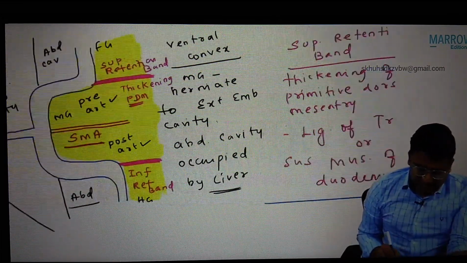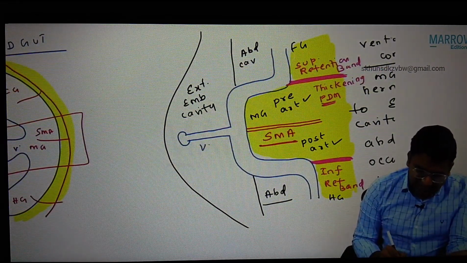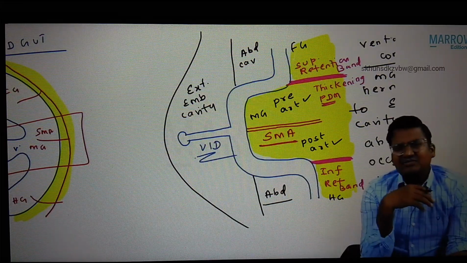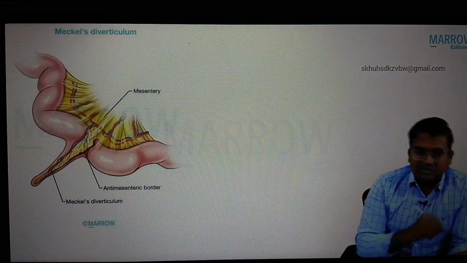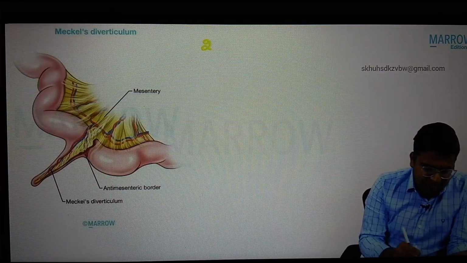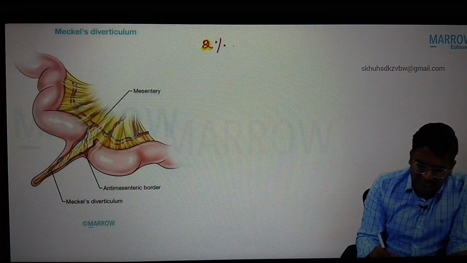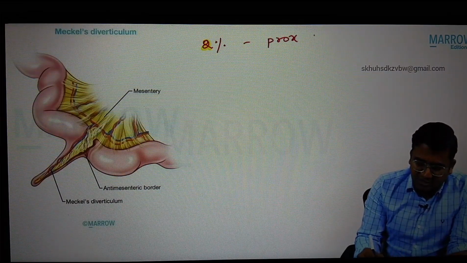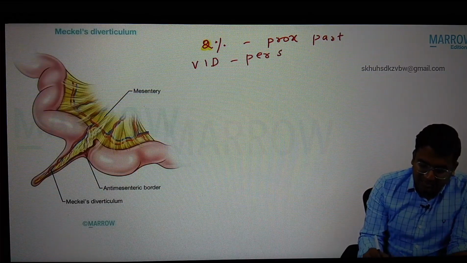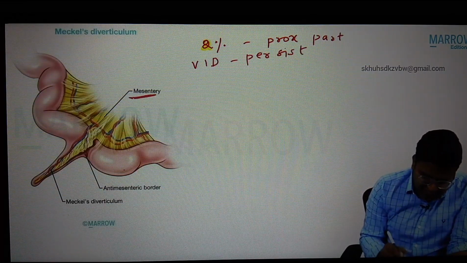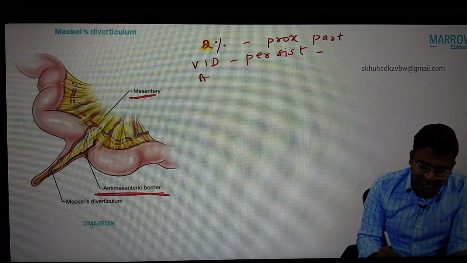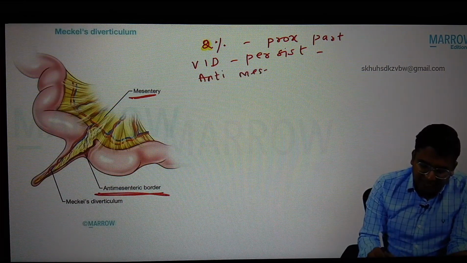Right. Now come here. This is our vitello-intestinal duct, which will disappear. In 2% of the population, the proximal part of the vitello-intestinal duct persists. This is the mesentery, and this border is called the anti-mesenteric border.